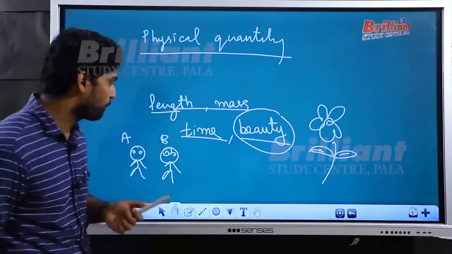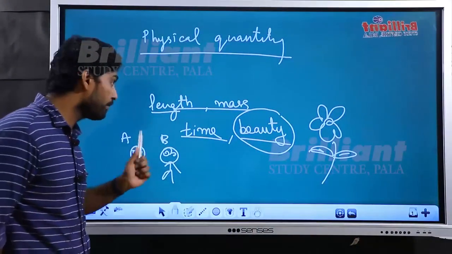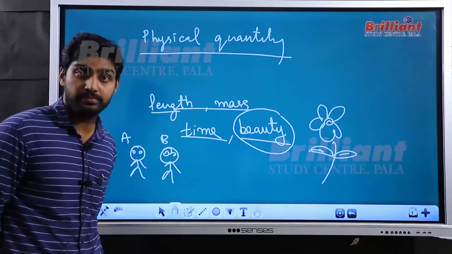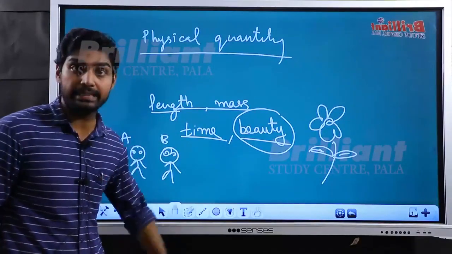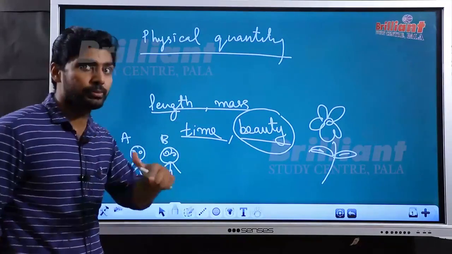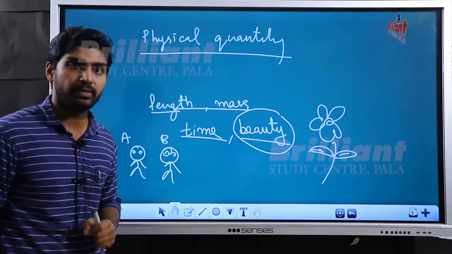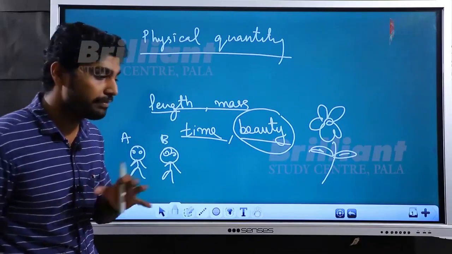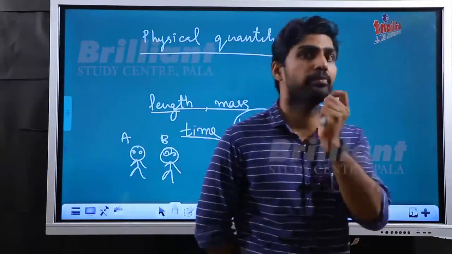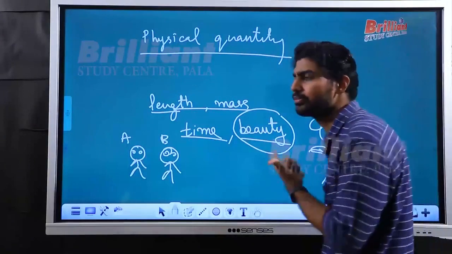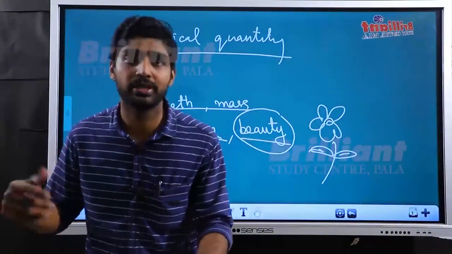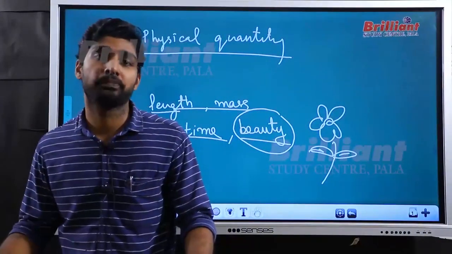That is what we generally do. A may find this flower beautiful depending on his aesthetic sense, which is going to be different from B. B may also find this flower beautiful, but the rating that they provide will be different. It will be according to the observer. Beauty lies in the eyes of the beholder.